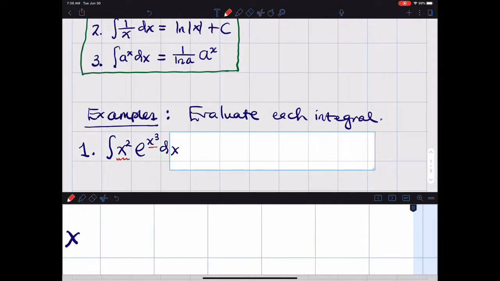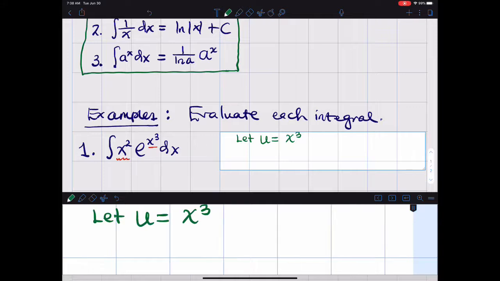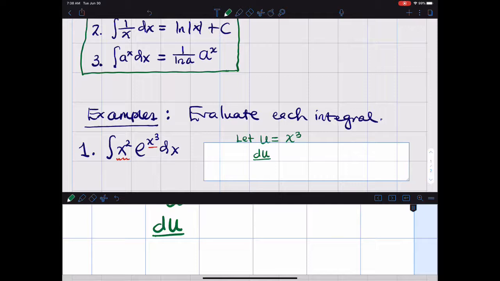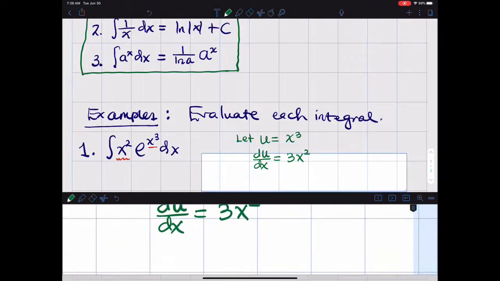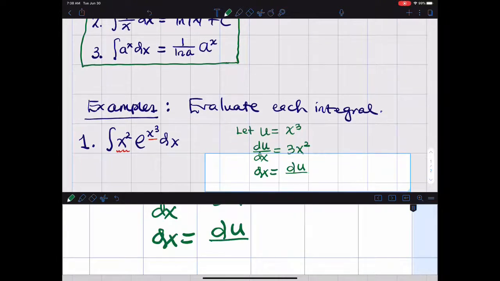So let's use green. We're going to say let u be x cubed. If this is the case, then du/dx is 3x squared, so that dx is du over 3x squared.